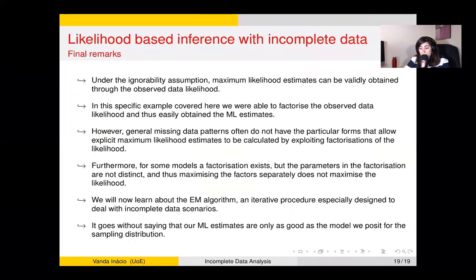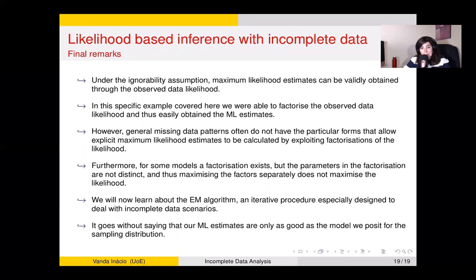And some final remarks. We have seen in this video and in the last lecture that under ignorability, maximum likelihood estimation can be validly obtained by maximizing the likelihood of the observed data. We have seen in this part a specific example where we were able to factorize the likelihood of the observed data, and so we were able to obtain analytically the estimates for the parameters.